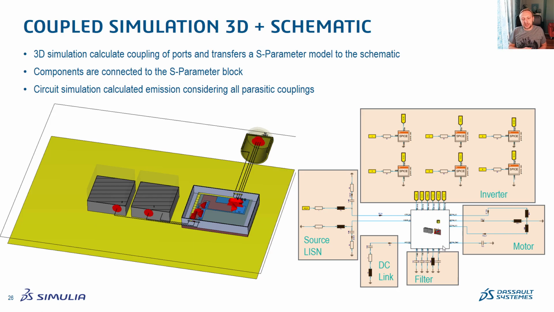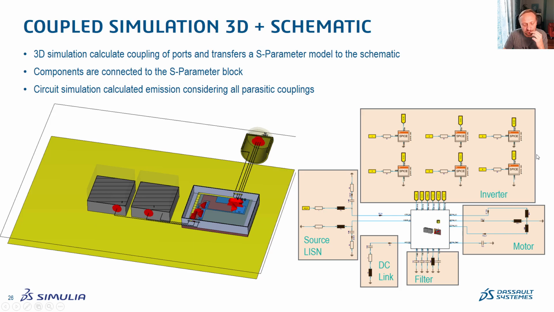And what's the additional advantage of this, we will see, because when I do this coupling of the simulation model to the schematic as I've done here with the black box, I'm keeping the 3D model and the circuit connected, and it allows me to not only see circuit results, it also allows me to see field results in the 3D model, because the circuit can pass back information into the 3D model and really visualize currents and fields, E field, H field, current, basically under working conditions of the inverter.